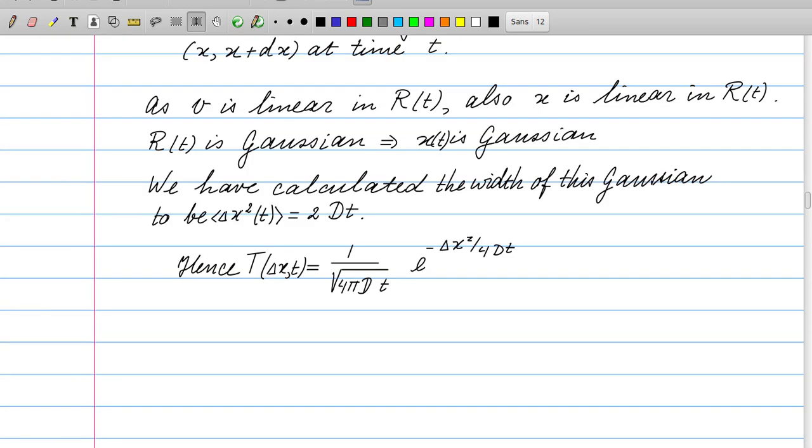Now we can make the following statement. v, as we have seen, is linear in R. Now x is the integral of v, so x is linear in v, and therefore x is also linear in R.